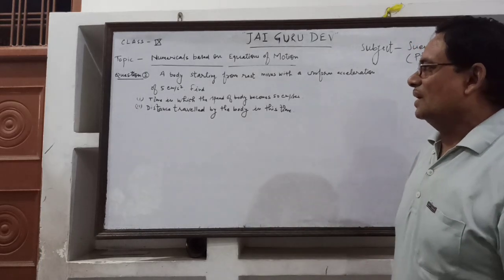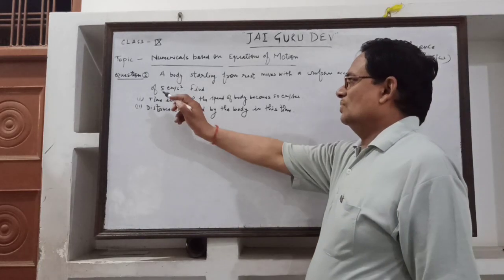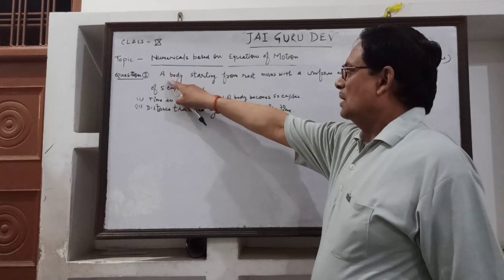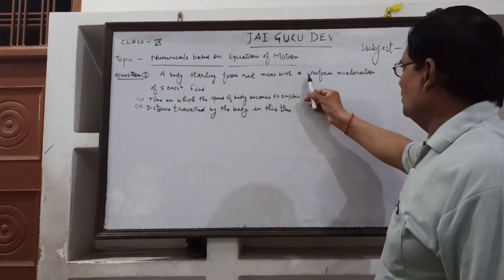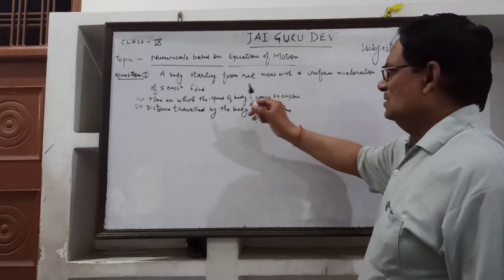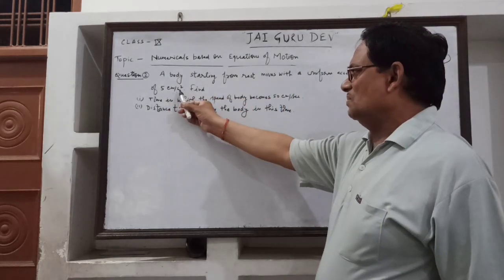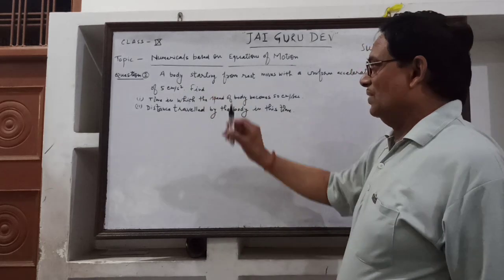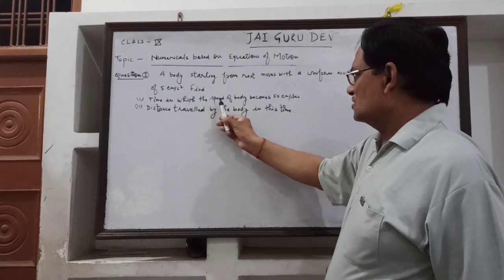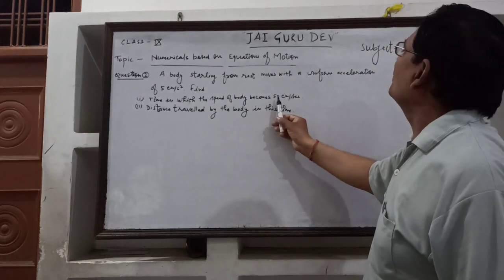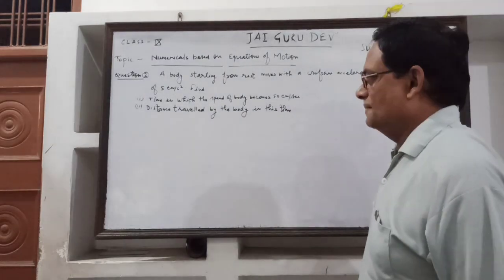Now I give the second question. Question 2. A body starting from rest moves with a uniform acceleration of 5 centimeter per second square. Find, first part, time in which the speed of body becomes 50 centimeter per second.